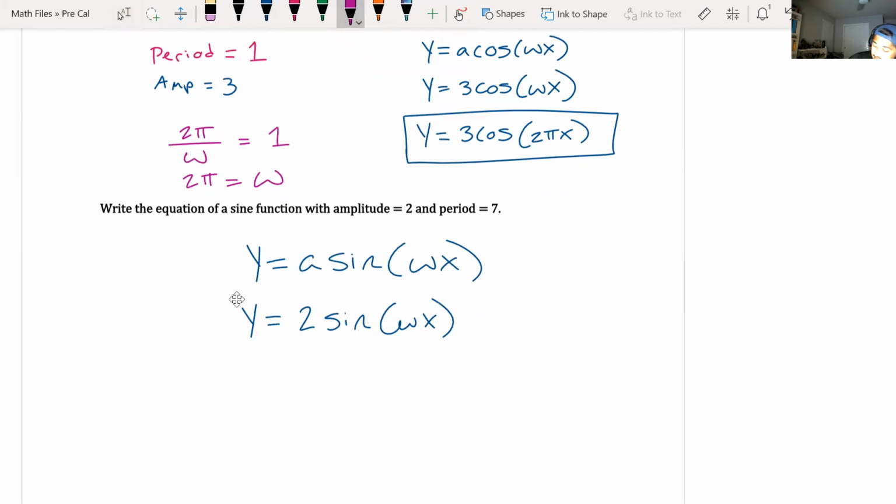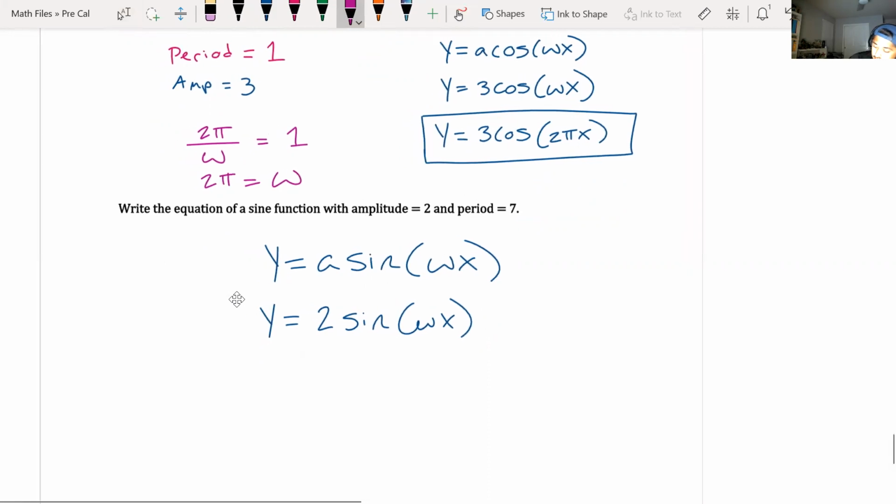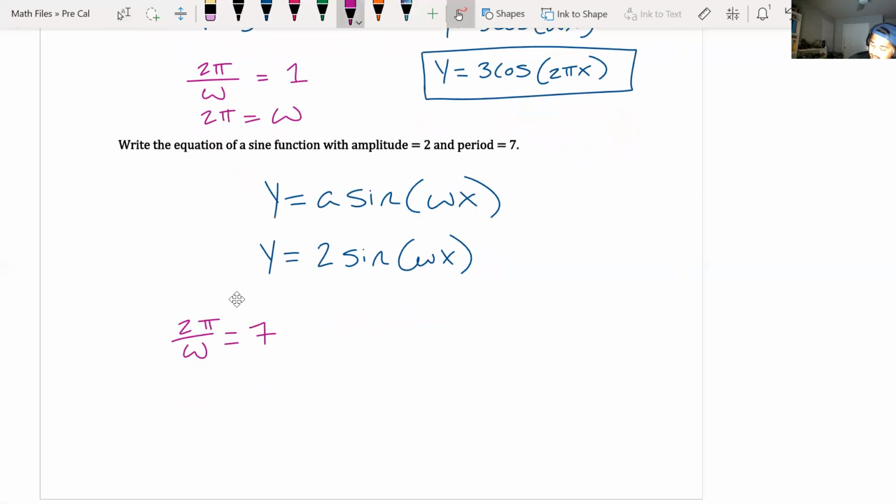Again, you would take 2 pi over omega and set it equal to what number? 7. And multiply to the right side. 2 pi would equal 7 times omega, which means if you solve for omega, omega is going to be equal to 2 pi over 7.